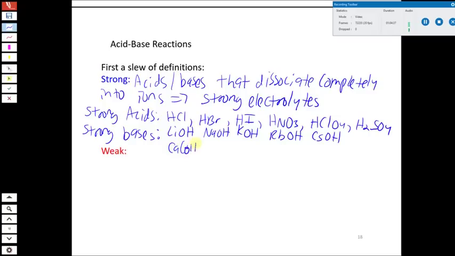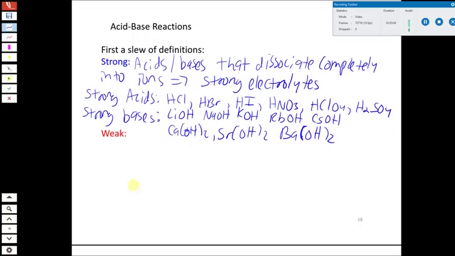So calcium, strontium, and barium hydroxide are soluble hydroxide compounds that are also categorized as strong bases. They're just hydroxide ionic compounds. So strong bases are pretty easy to identify because any compound with hydroxide in it, if it dissolves in water, is going to be classified as a strong base. It's as simple as that. Weak acids and bases do not completely dissociate.